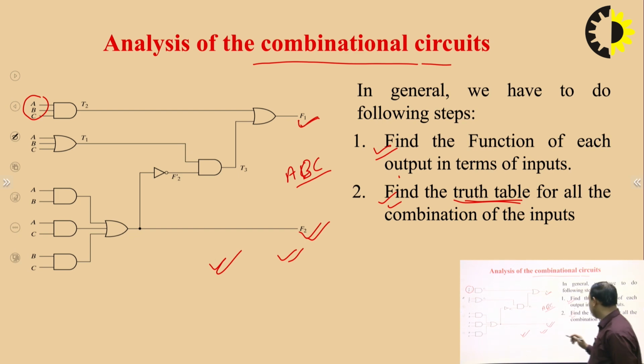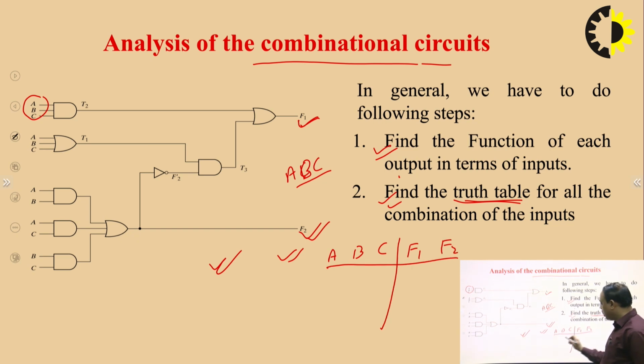In the truth table we have A, B and C as inputs and F1 and F2 as outputs. For every combination of A, B and C, which is a 3-bit number, we have 8 possible combinations up to 111. We have to find the value of functions F1 and F2 with the help of this circuit.